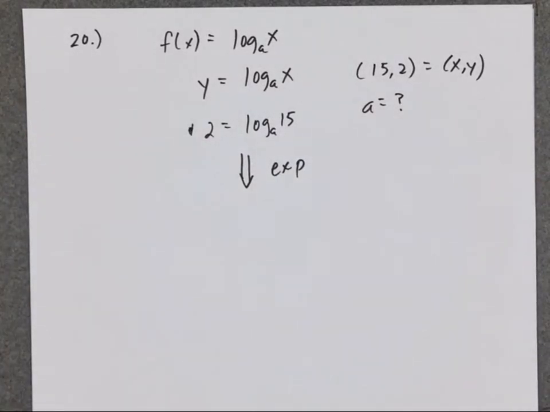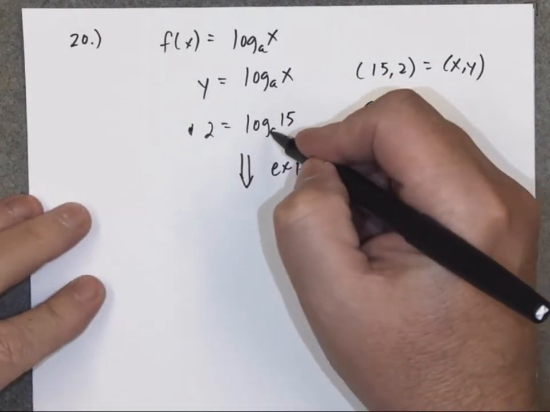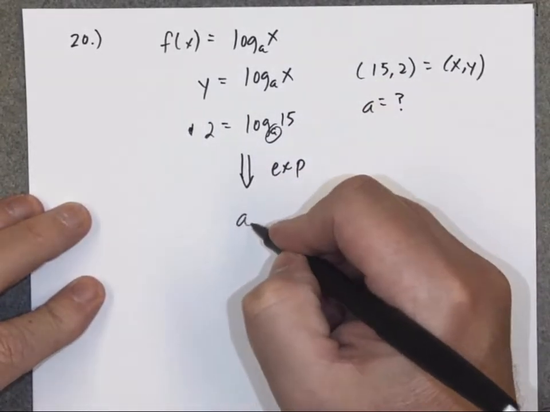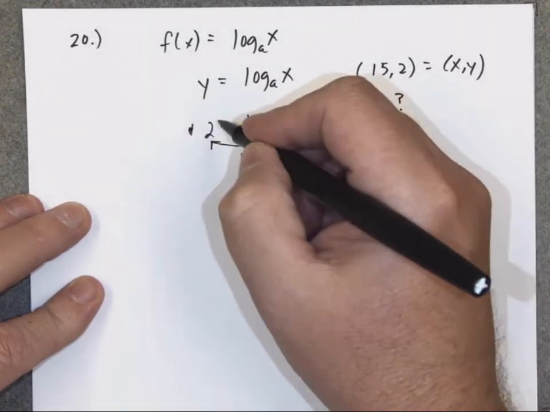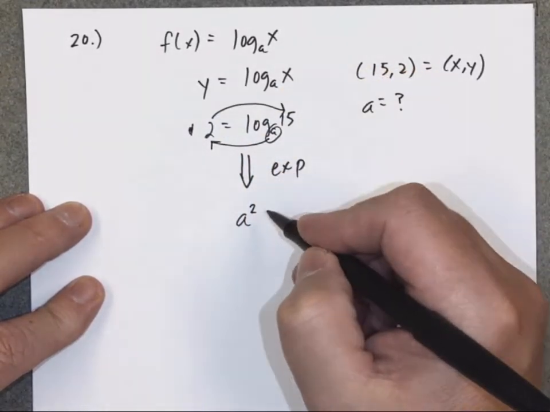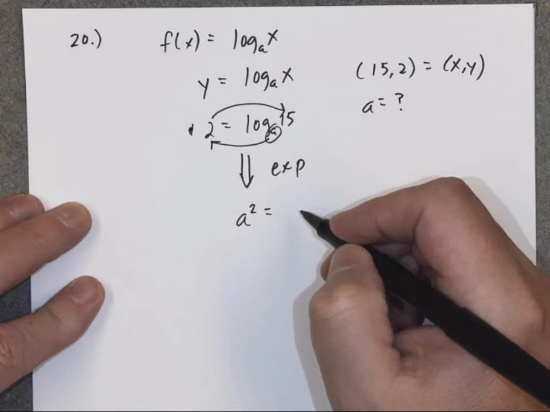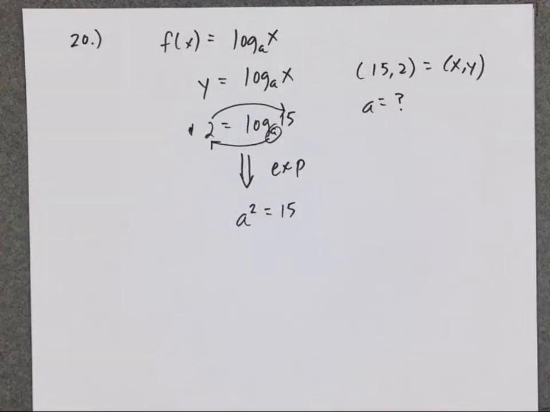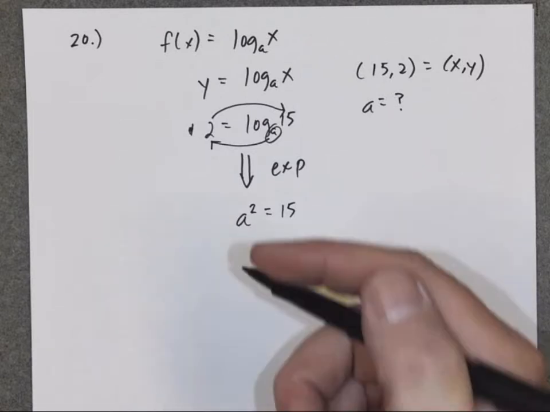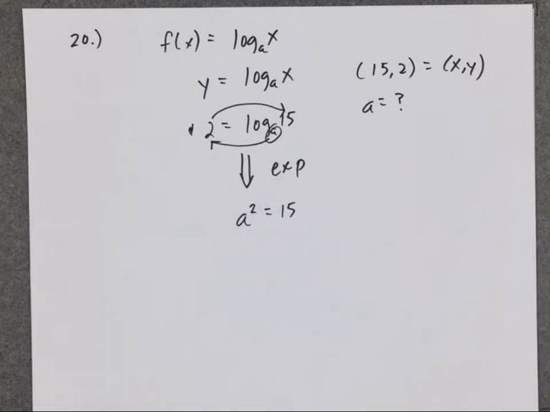And this is where we use the little circle method. This is the easiest way I found to do this. You start with the base, so A, you go across, A squared equals 15. I can now solve this for A, right? A squared equals 15.